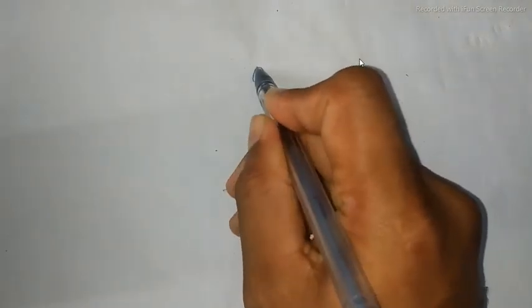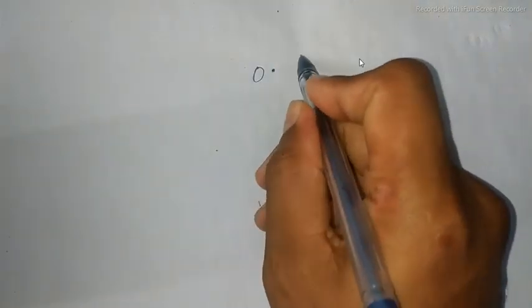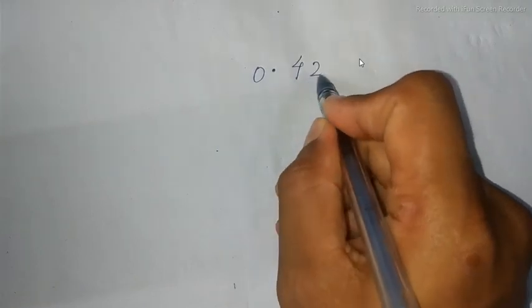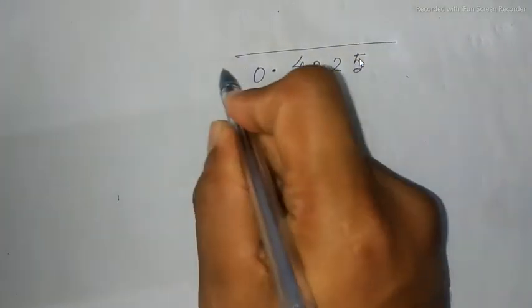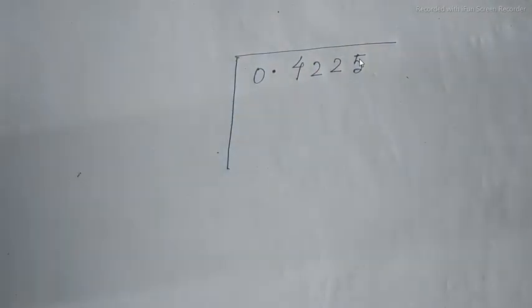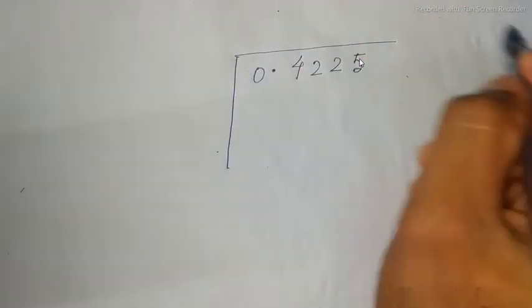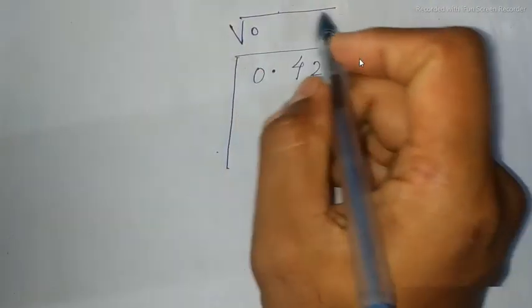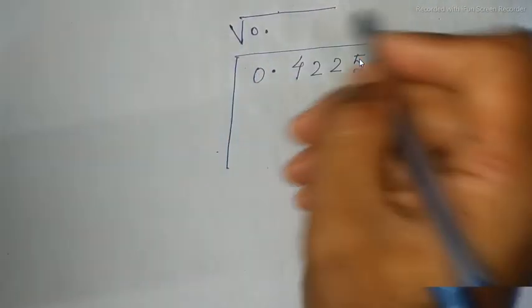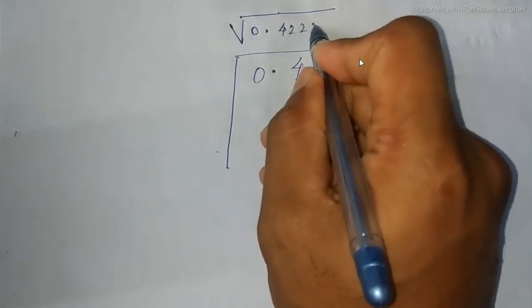So let us take another example. 40.4225. We have to find the square root of this number. 0.4225.